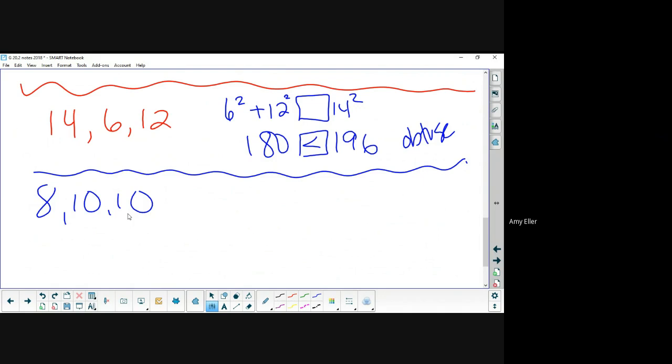Well, what do I do if there's two of the same number? Well, 10 is the biggest number up there. So 10 is one of the biggest sides, and 8 and 10 are the two smaller ones. The two smaller ones are 8 and 10. That's definitely going to reach to a 10. So I'm just making sure we're all right if there's two of the same number. 10 is the biggest one, the C, and another 10 is one of the smaller ones.